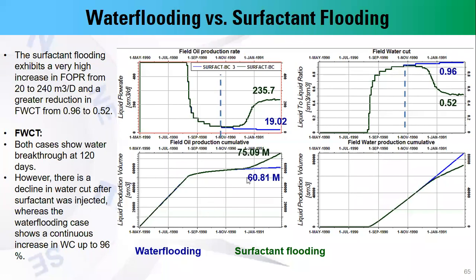This is the cumulative production. We have about 75 million stock tank barrels against 61 million for the traditional water flooding. So we have about 14 million stock tank barrels of incremental recovery due to surfactant flooding.